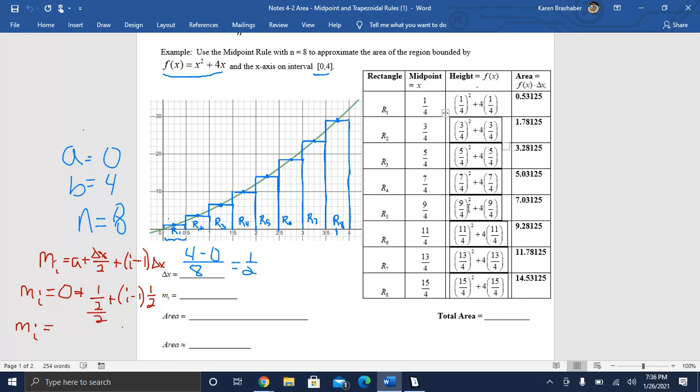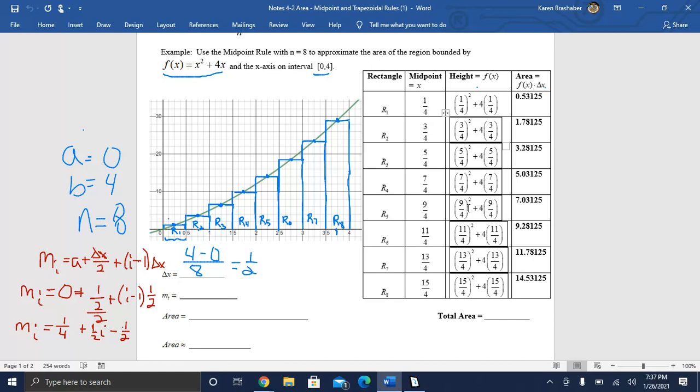1/2 divided by 2 is the same as 1/2 times 1/2. That would be 1/4 plus, and then 1/2 times your I minus 1, we can distribute to make 1/2 I minus 1/2.